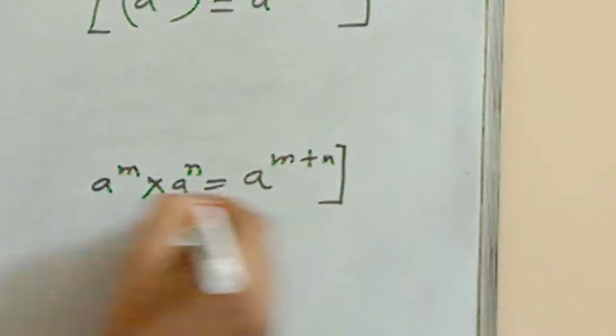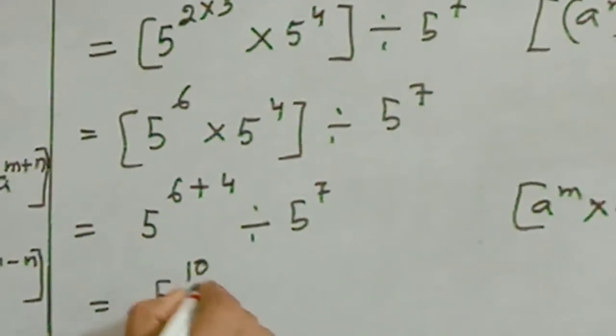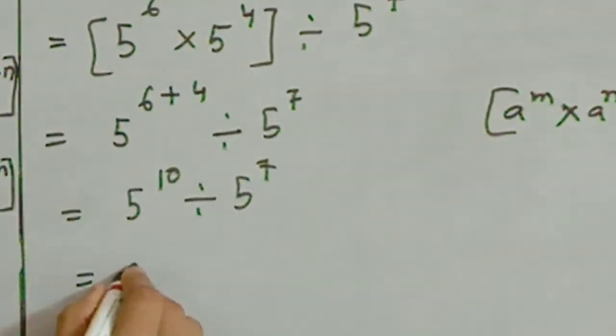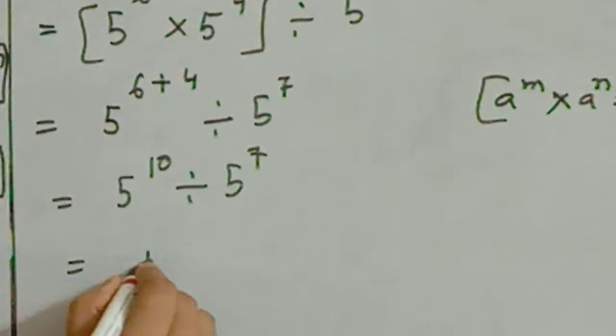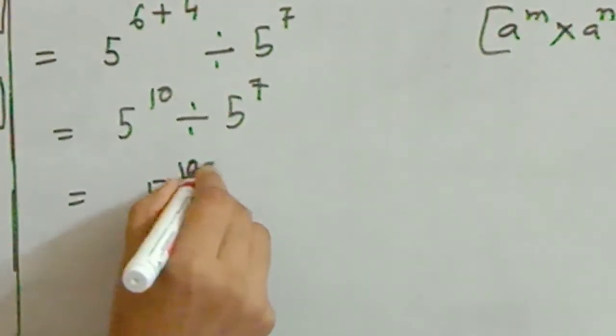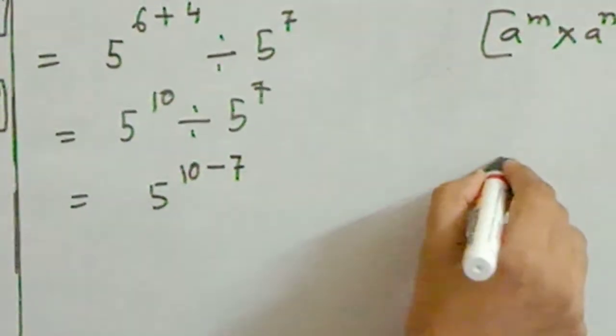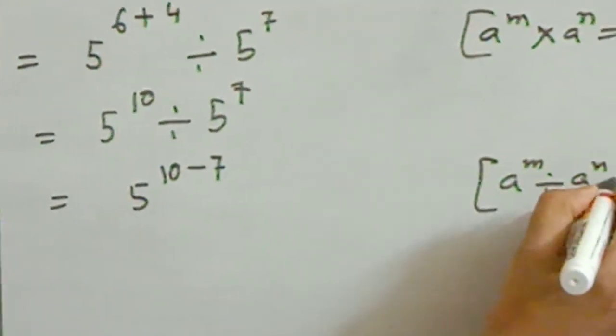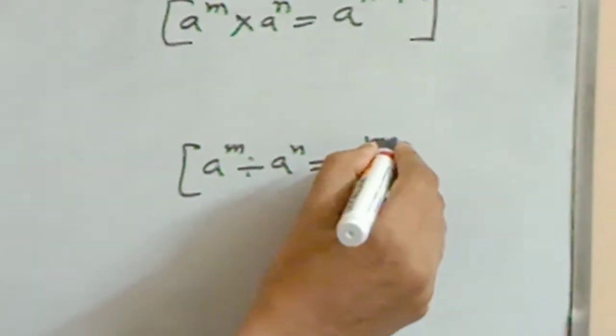Now 5 to the power 10 divided by 5 to the power 7. There is a division sign and the bases are same, so you need to do subtraction here, 10 minus 7, as a to the power m divided by a to the power n is equal to a to the power m minus n.